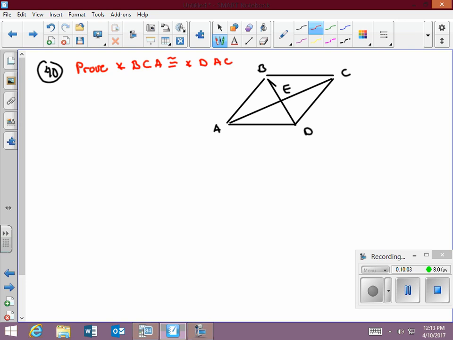So BCA, this angle, is congruent to DAC, this angle.